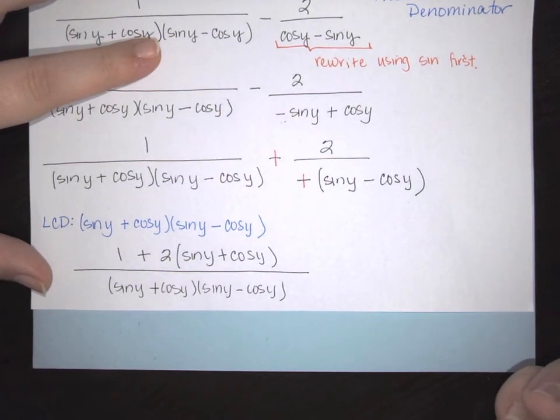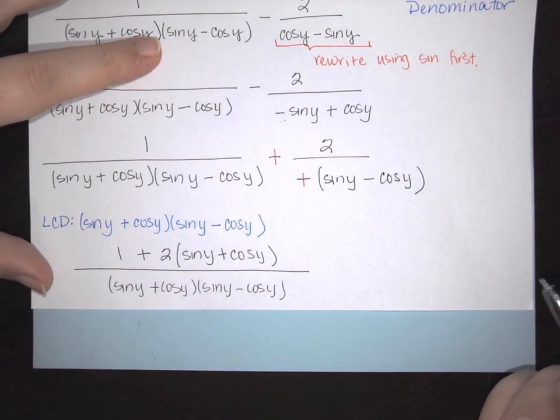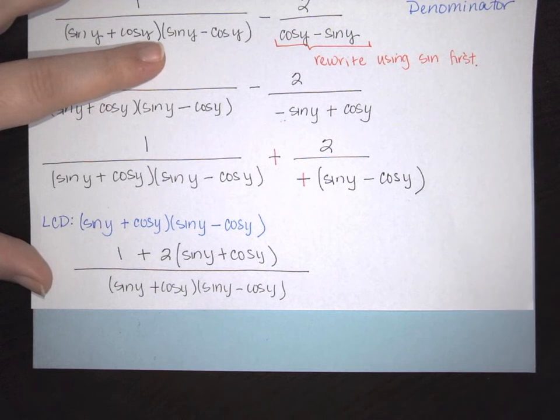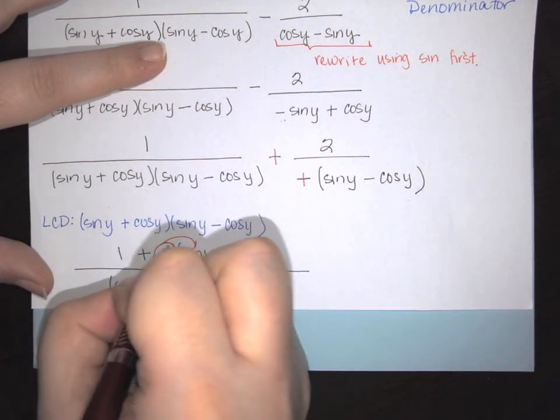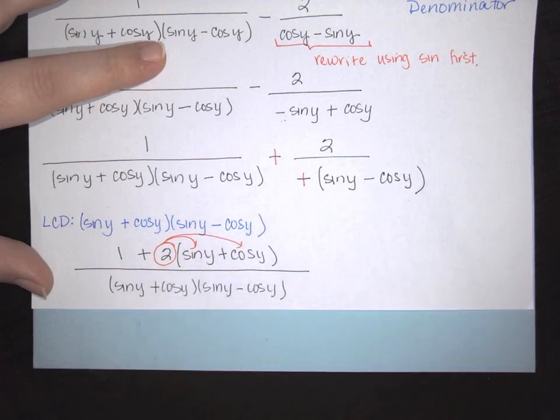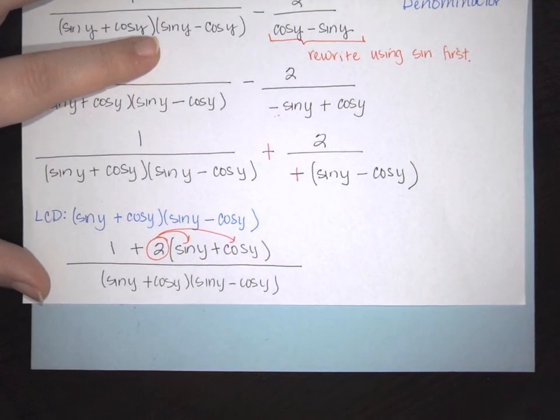And so here, the only thing that we would really do to simplify it is we are going to take this 2 and distribute it into my parentheses.